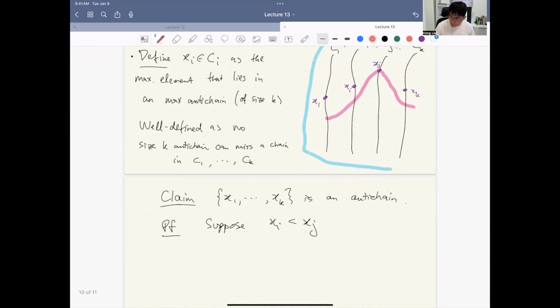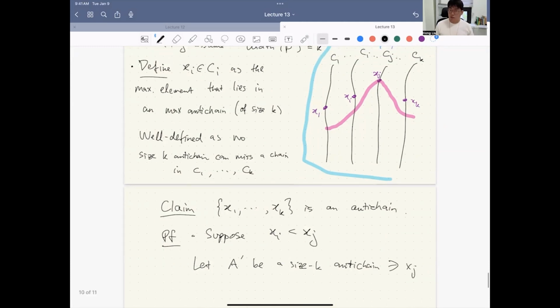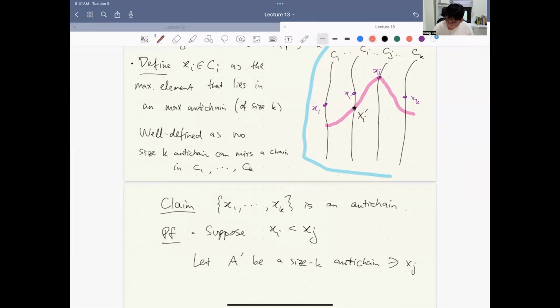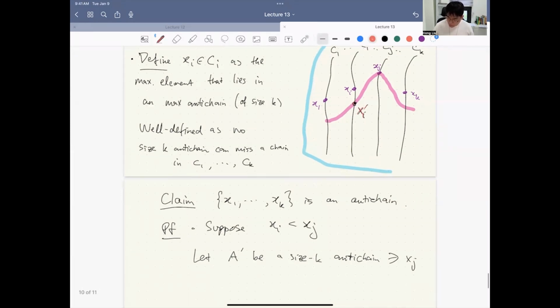Let A prime be a size k anti-chain containing xj. I know it exists by definition of xj. There is a size k anti-chain containing xj. It intersects the Ci chain at some element xi prime. And define xi prime to be A prime intersect Ci.